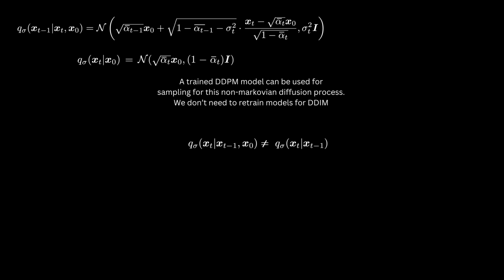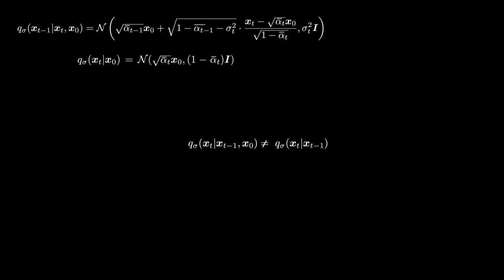For this diffusion process, unlike DDPM, q of xt given xt minus 1 and x0 is not equal to q of xt given xt minus 1. You cannot go from xt minus 1 latent image to xt without having knowledge about x0. To show that, we can use the Bayes theorem to compute q of xt given xt minus 1 and x0.